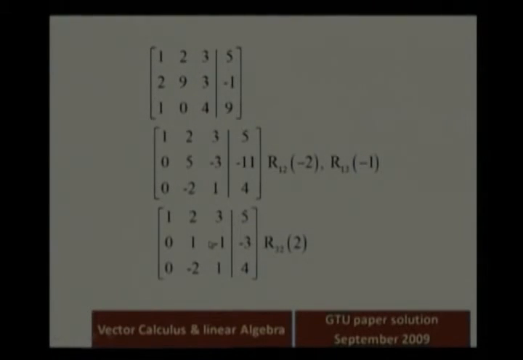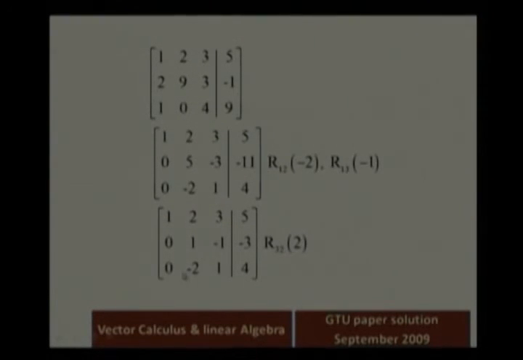The first row is 1 2 3 5. So the second row becomes now 0 1, -3 + 2 = -1, and -11 + 8 = -3, right? So the second row is now 0 1 -1 -3, and the third row is 0 -2 1 4. Now this is our leading entry.